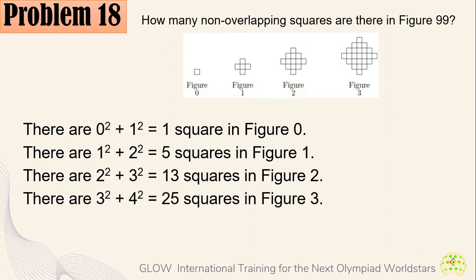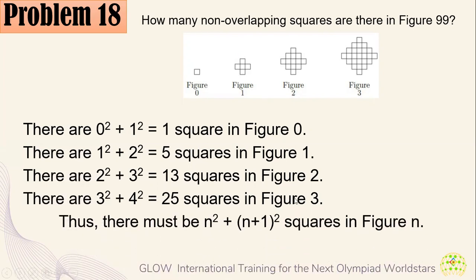And in figure 3, there are 3 squared plus 4 squared equals 25. So how many squares do you think are there in figure n? That would be n squared plus the square of the next integer.